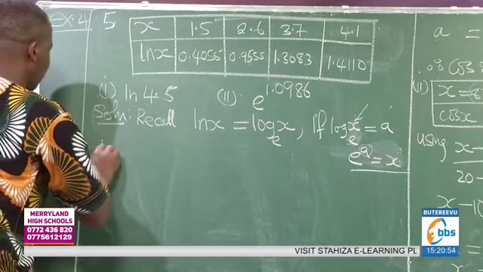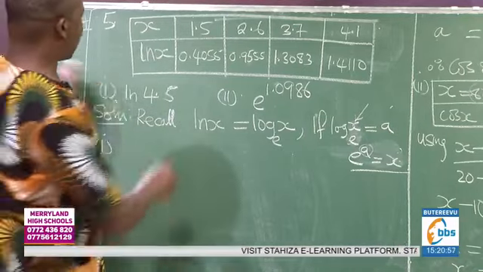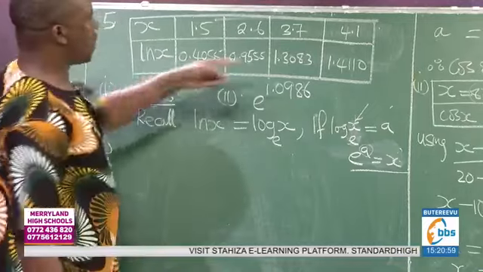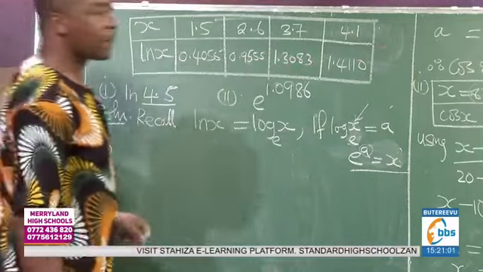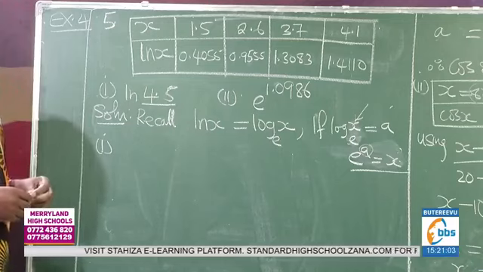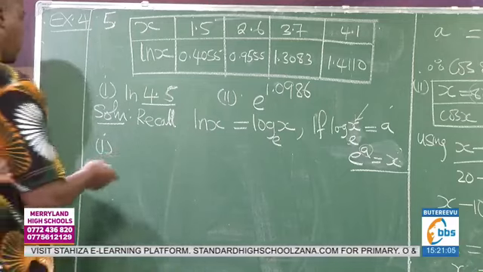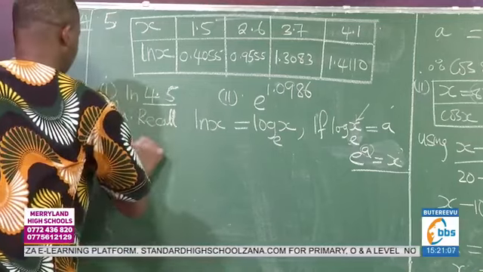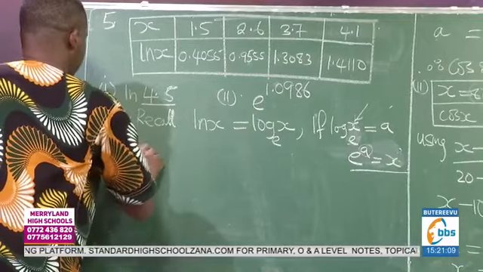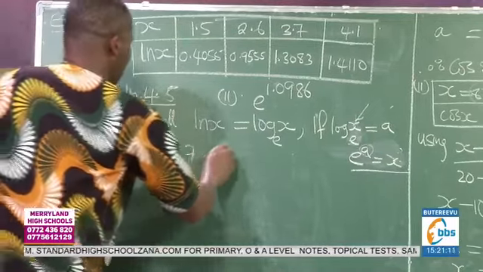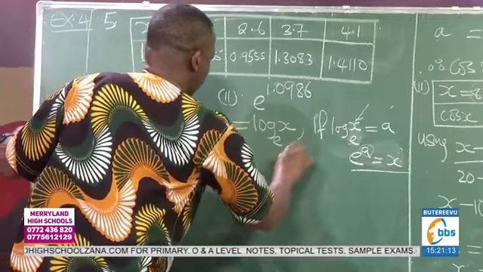So in our solution, we look at 4.5, and 4.5 falls beyond the table, so we shall use an extrapolation. We can look at x values 3.7, 4.1, and 4.5.